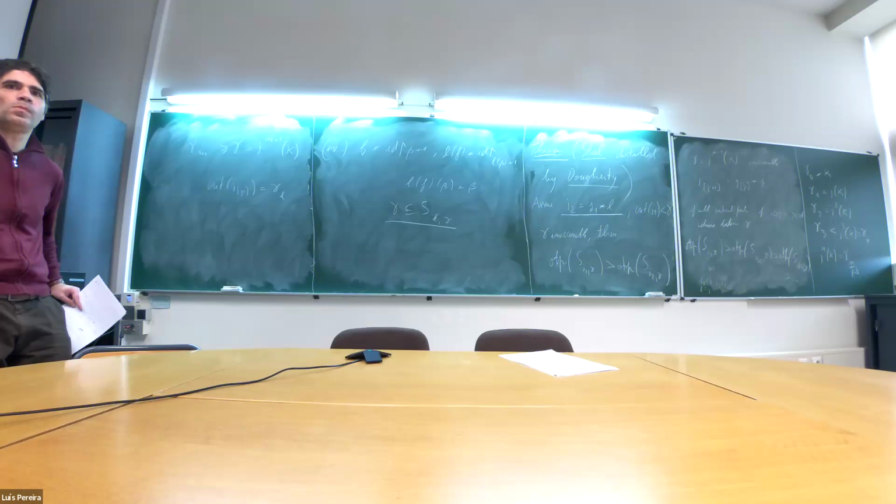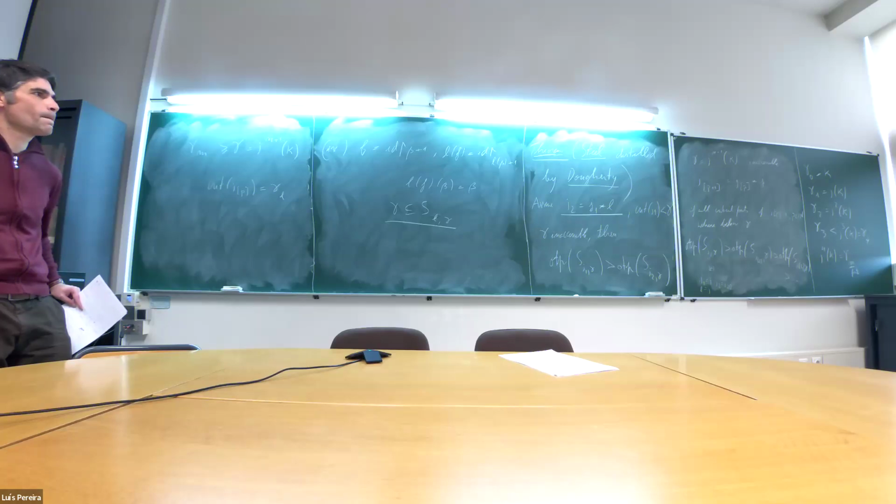There's a countable number of critical points, but nothing tells you that this order type is like 1, 2, 3, 4, 5. It could be anything. There could be limits.